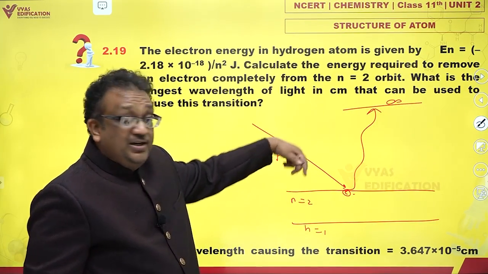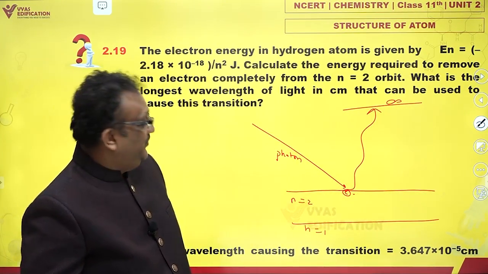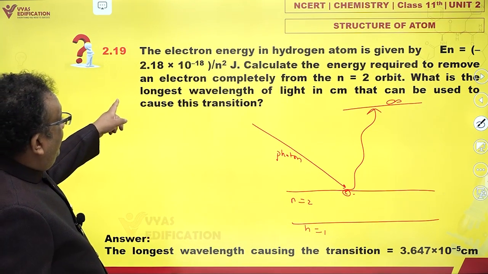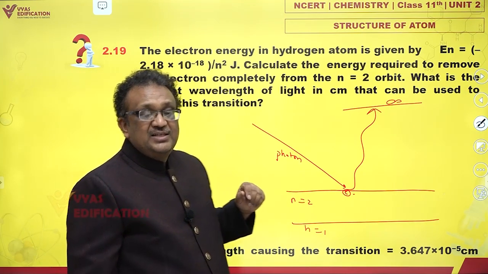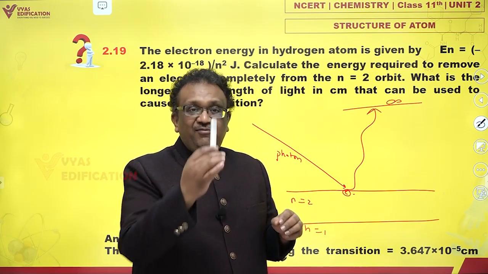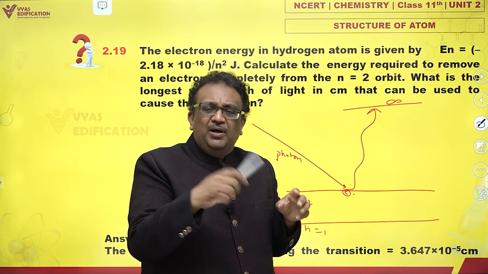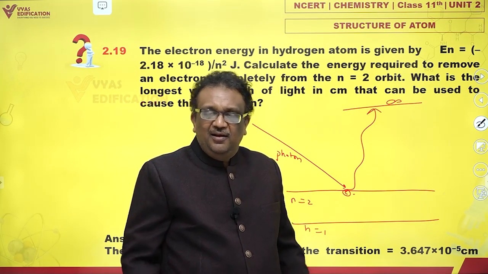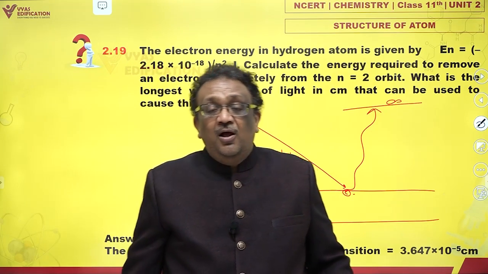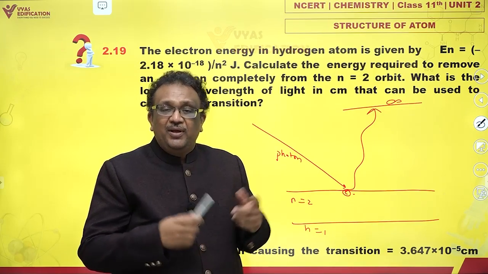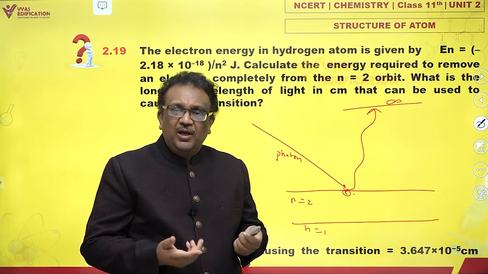You also calculated the energy of this photon. Now the fun part is, when you say longest wavelength, it's like this. I have this marker. If I just try some strength, it's a plastic marker, I can break it. Now, if somebody much stronger than me tries to break it, they also can.